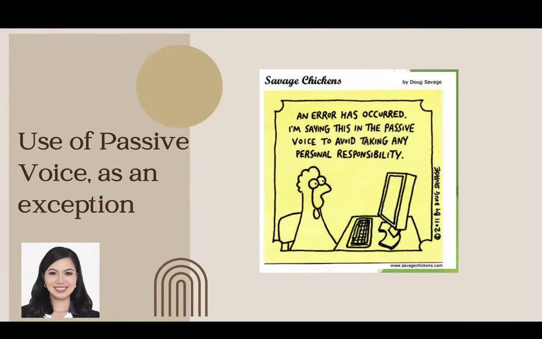Another example here, "An error has occurred." I'm saying this in the passive voice to avoid taking any personal responsibility. Okay, so instead of telling that you made that error, you are now saying it in passive voice to avoid taking any personal responsibility.